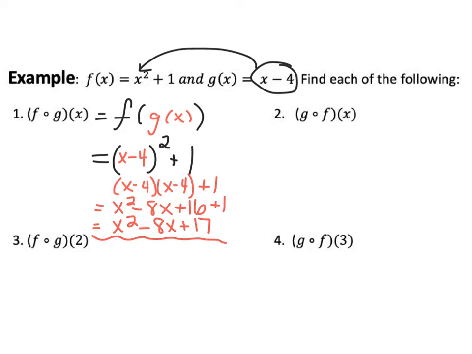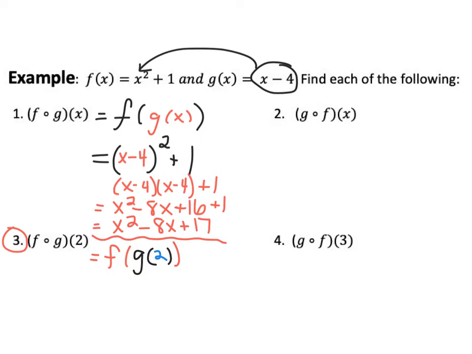Now, I'm going to go down and do number 3 next, which says find f of g of 2, which is really the same as finding f of g of 2, meaning we're going to plug 2 into g of x, and then that answer into f of x.